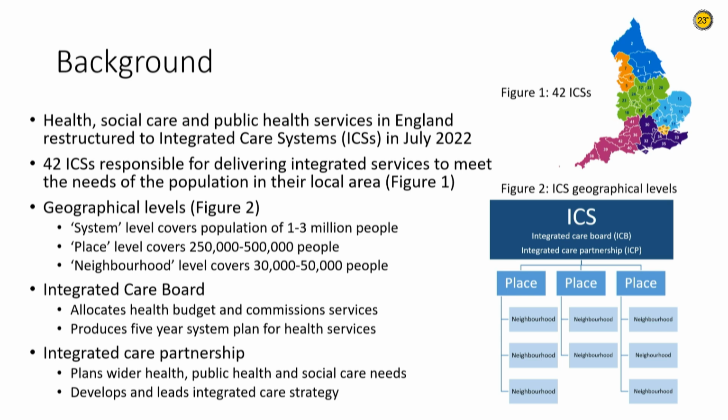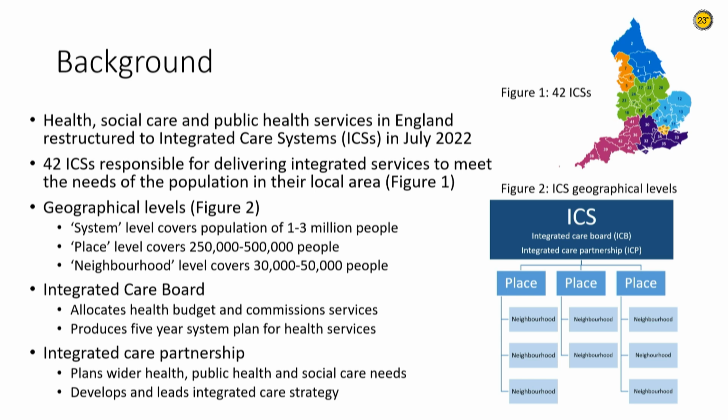So they cover different geographical areas and cater for the needs of the population of their specific area. So there are some differences. For example, you might have lower life expectancy or lower healthy life expectancy in the north in comparison to the south. So these ICSs are meant to address the needs for their own local populations.